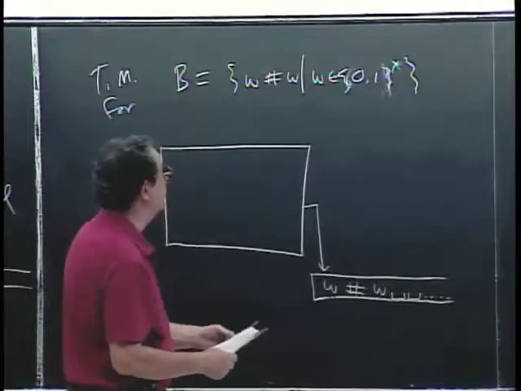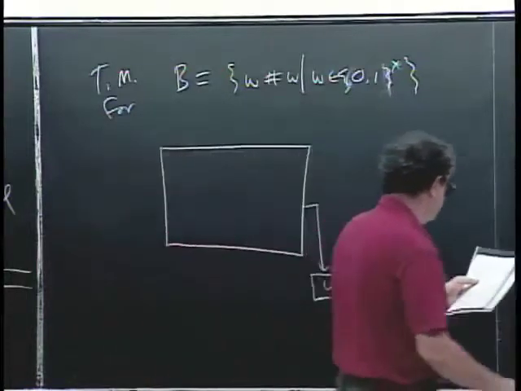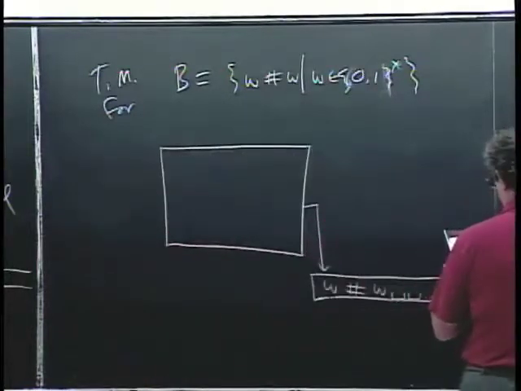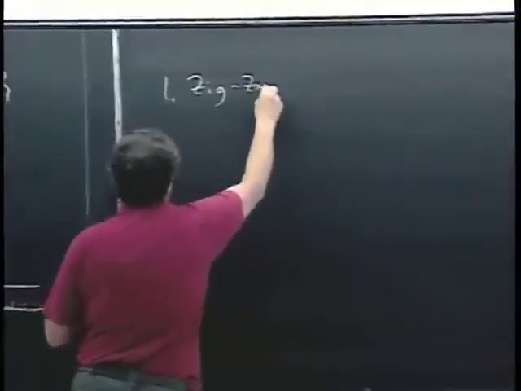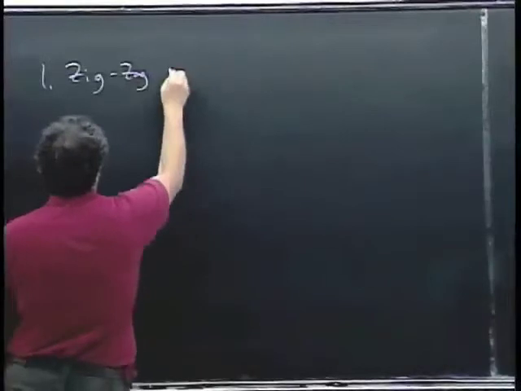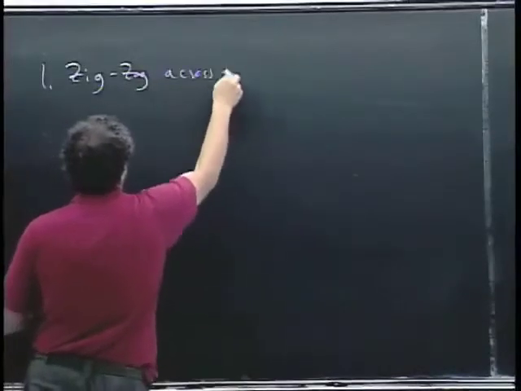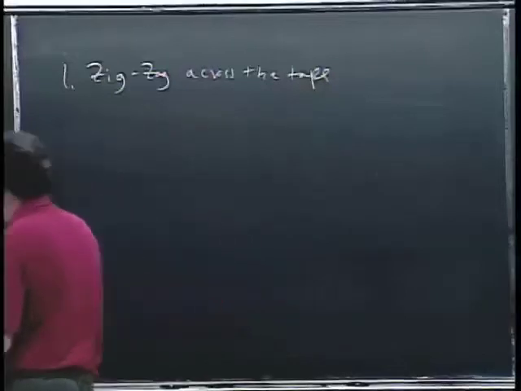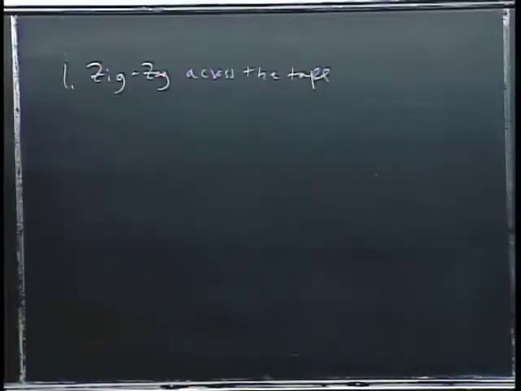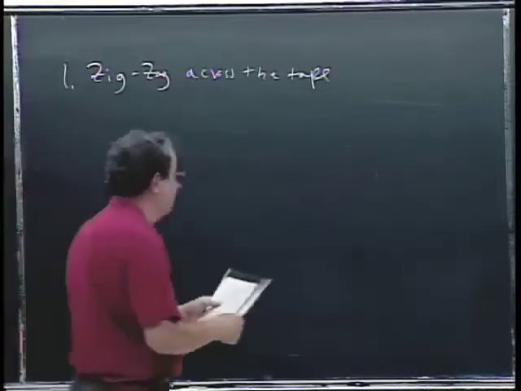So this is the way it's put in the book. The high-level idea is to zigzag across the tape. Well, zigzag means it's going to go forward and backwards repeatedly. That's zigzagging.